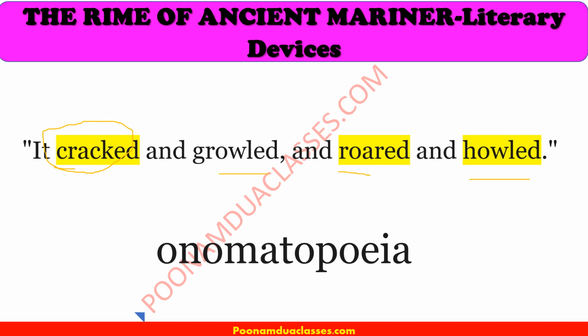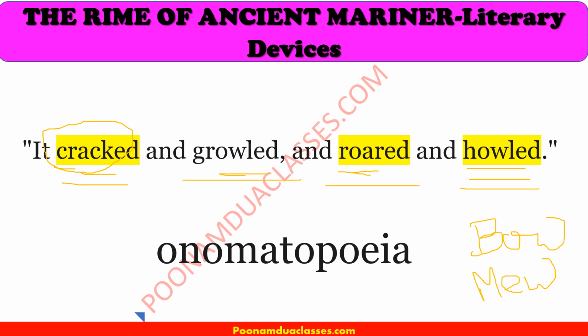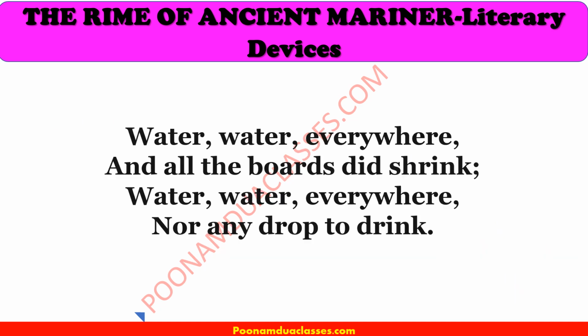In the 15th stanza, Coleridge is describing a storm that the ship experiences at sea, and he uses words like crack, growl, roar, howl, जो कि आसपास के sounds को represent करते हैं. Like bow wow, this represents the sound of the dog. Mew, this represents the sound of the cat. इसी तरीके से ये words हैं जो कि आसपास की ice cracking को represent कर रहे हैं.